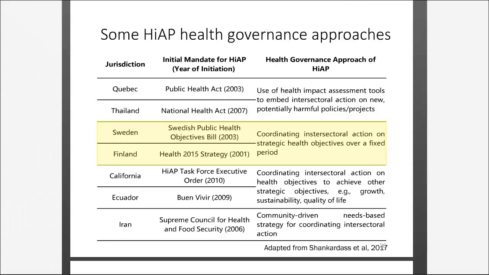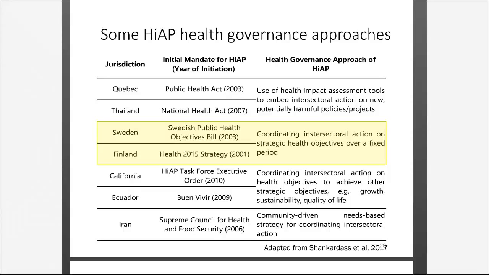In Sweden and Finland, they're not trying to embed health considerations into every new policy or project. They're really trying to coordinate intersectoral action to bear on a set of strategic health objectives that they've put together over a fixed period of time. So it's not a permanent change.